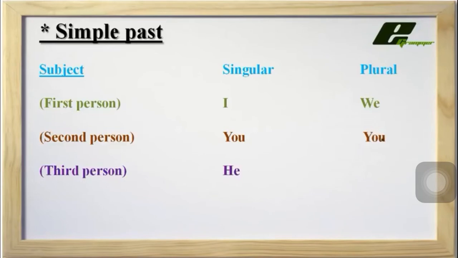Third person means the person we are speaking about. The person about whom we are talking is known as third person. Now, in singular, he, she, it, and Sam. You can take another name instead of Sam, and in plural, it comes they.